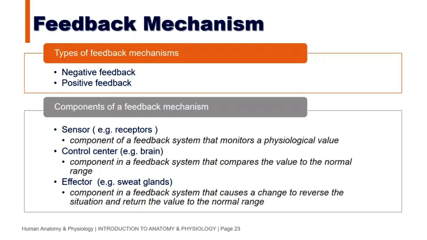And then we have a control center, for example our brain. This is a component of a feedback system that compares the value to the normal range. And then we have the effector, for example our sweat glands.